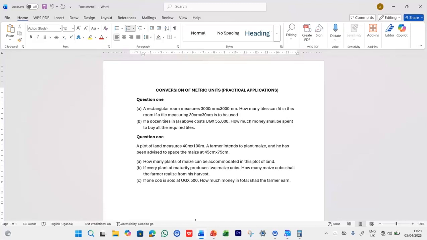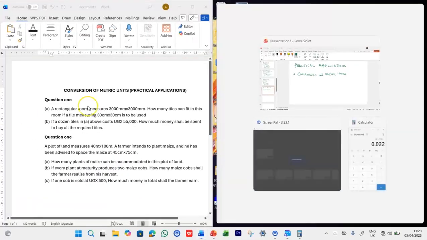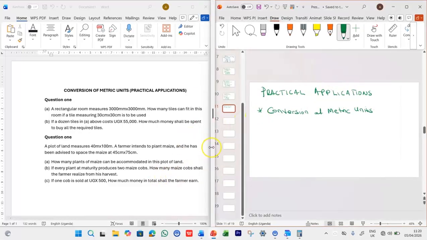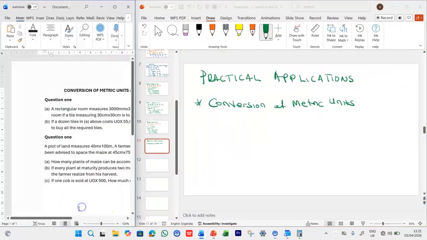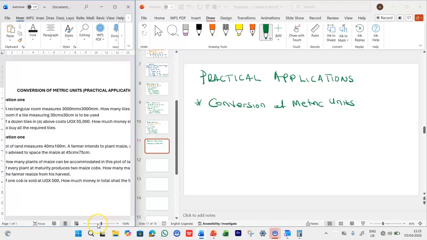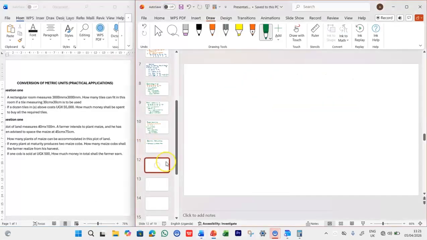How many tiles can fit in this room if a tile measuring 30 centimeters by 30 centimeters is to be used? A rectangular room is measuring 3000 by 3000.